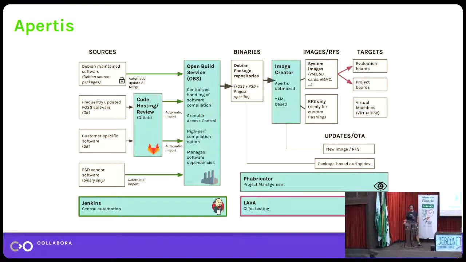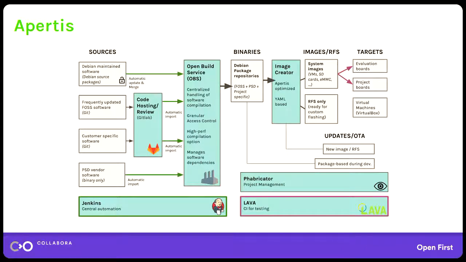This is a huge web service which manages source packages, builds them, and basically provides all of the infrastructure needed to work with source and binary packages. We also have a GitLab instance for code hosting and review, and an image creator based on DebOS, which I talked about previously, and some other things like Jenkins, LAVA for CI, and obviously a bug tracker.